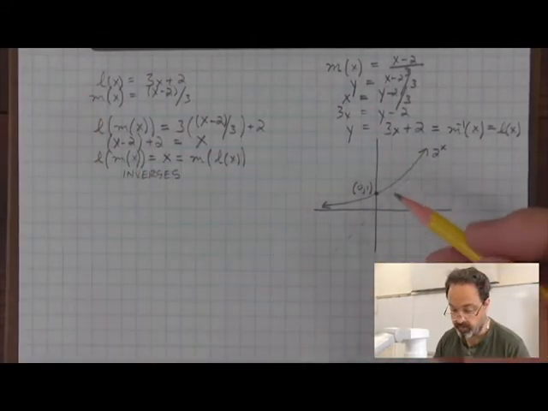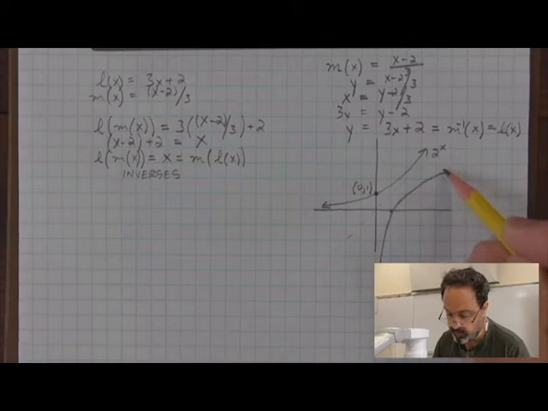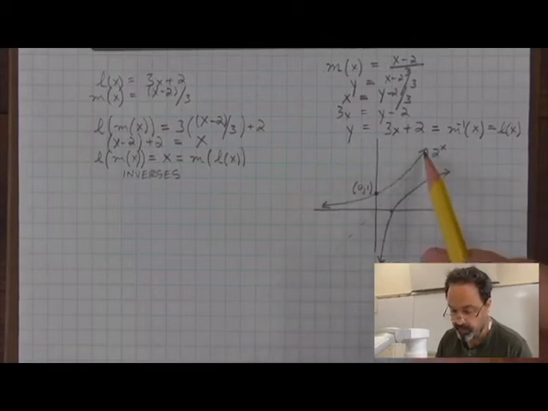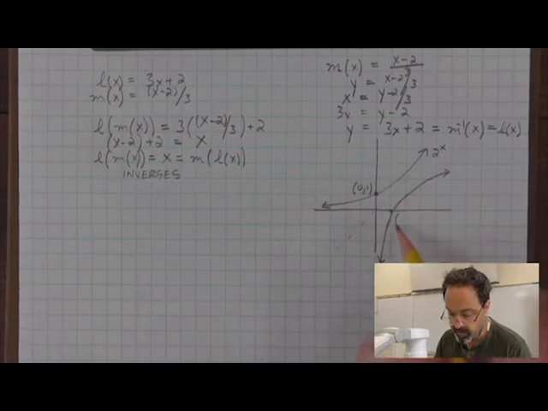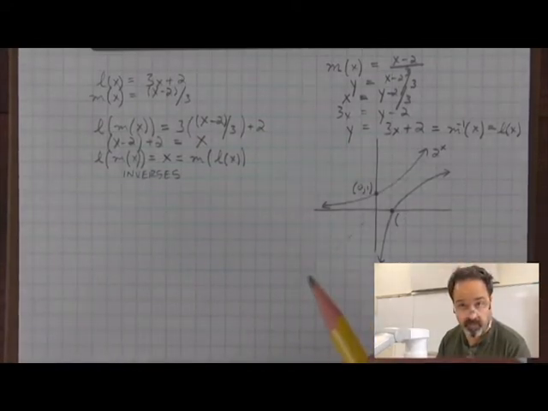If I reflect over that, then I produce a graph, the inverse of a graph. This function here has been reflected across this line. The point of intersection now has coordinates whose x and y values have been switched.